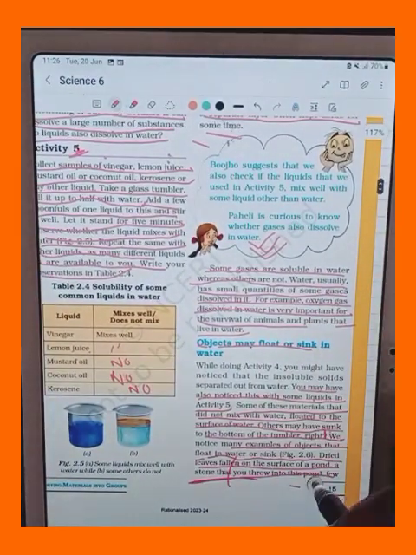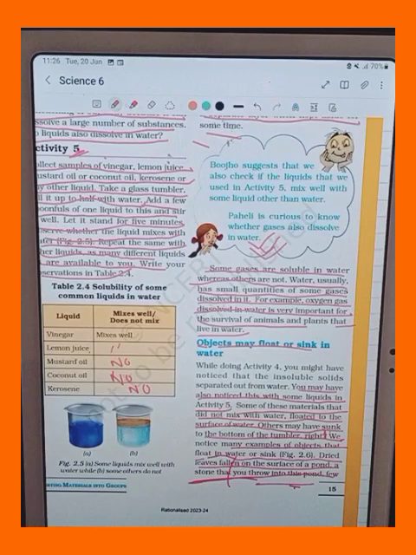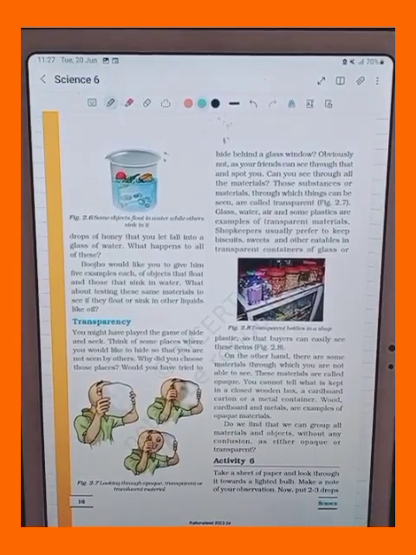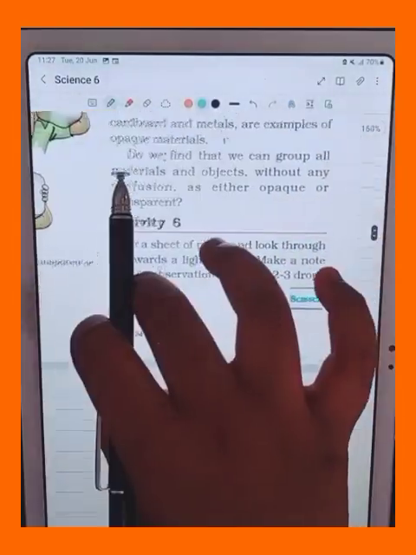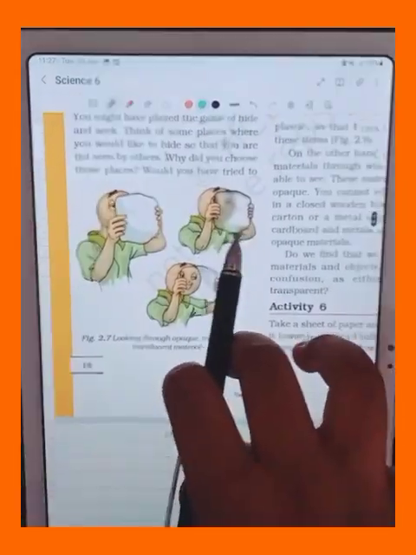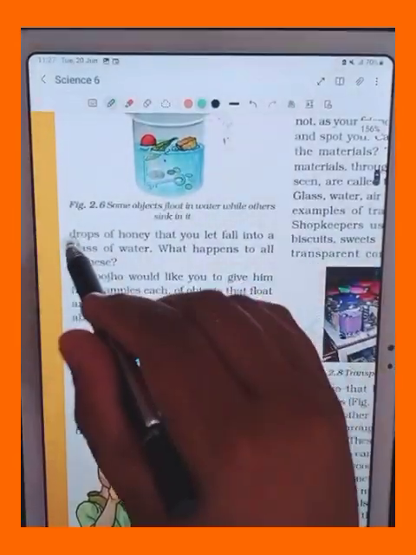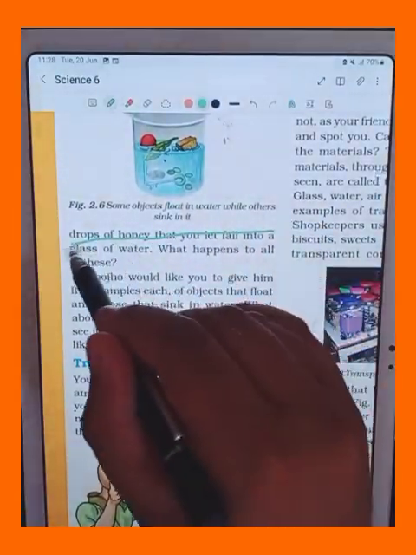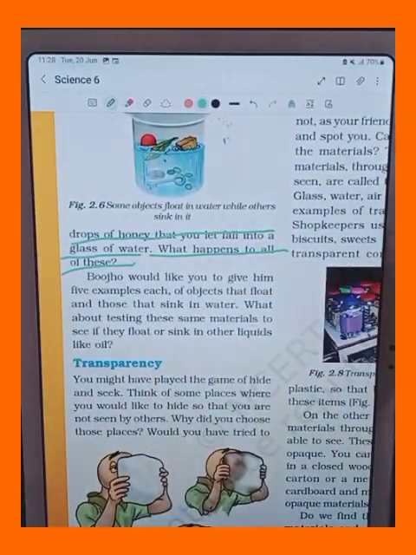Okay, so this page is completed. Let's move to the next page. We have come to page number 16. It says: drops of honey that you let fall into a glass of water, what happens to all of these?